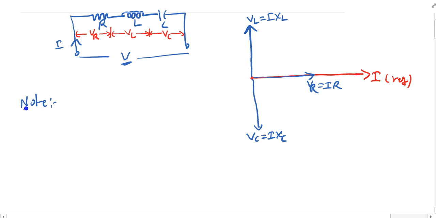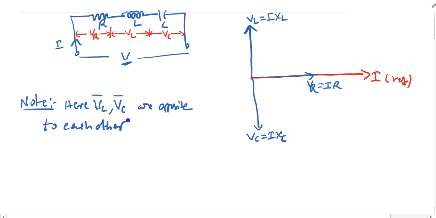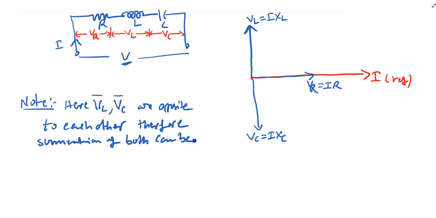Here my VL vector and VC vector are opposite to each other, therefore the summation of both can have different possibilities.